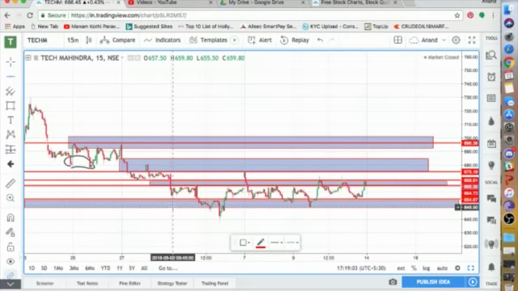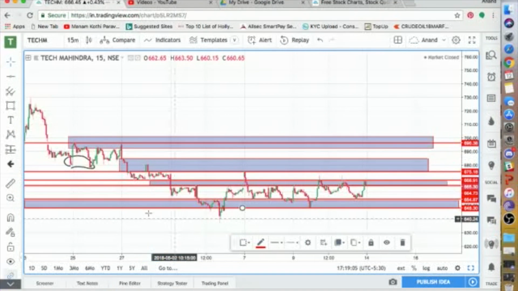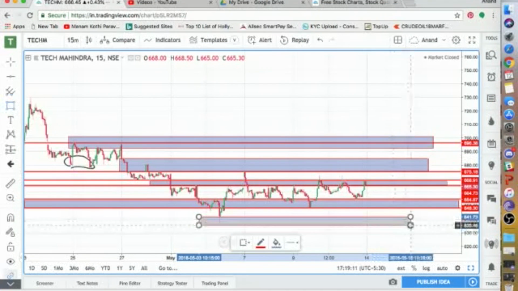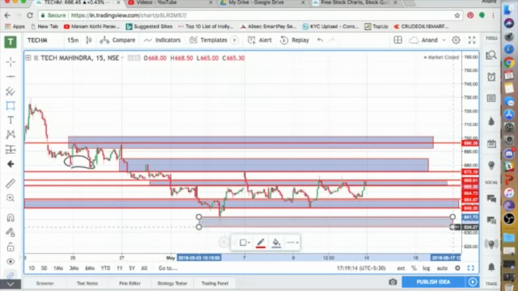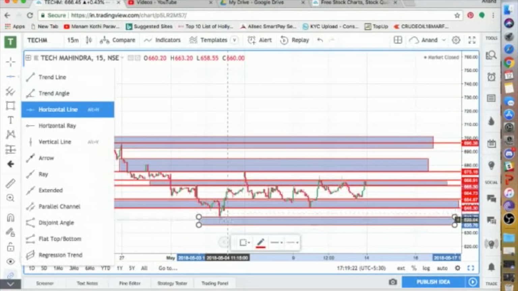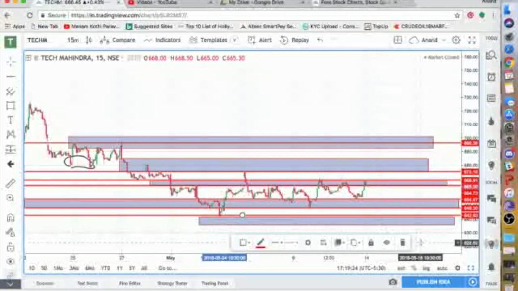So we can take these as support levels, and eventually you can say that this zone at the last bottom wick, where there was a big reversal, is the next support level. So let me get a zone here.